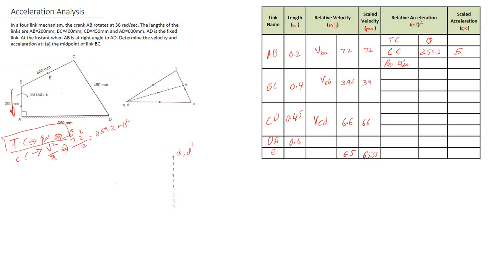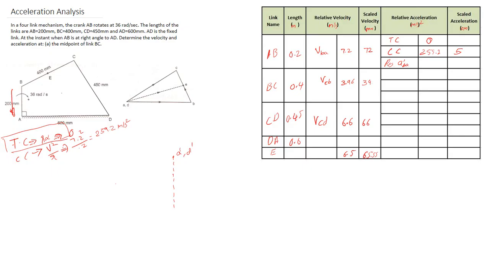If in some question there is a possibility of providing the angular acceleration value, then in that case we have to calculate the tangential component value, that means R alpha. And that tangential component has to be drawn over here as the second vector, which is perpendicular to this component. If it is in anti-clockwise direction, this will be the direction. If it is in clockwise direction, then it will be in the opposite direction.